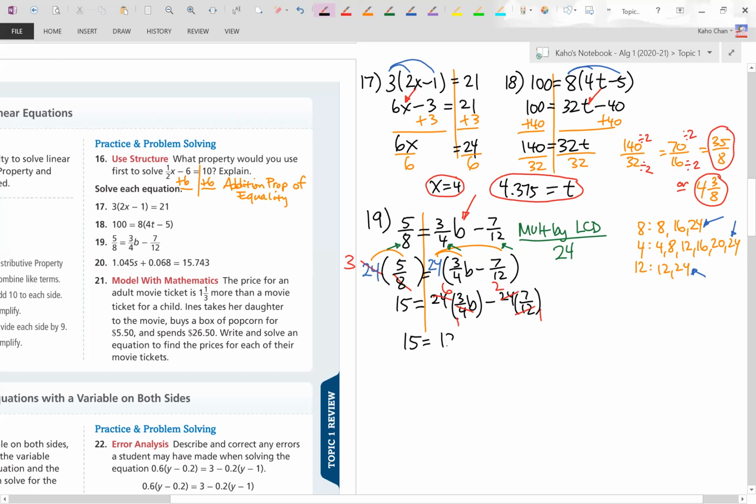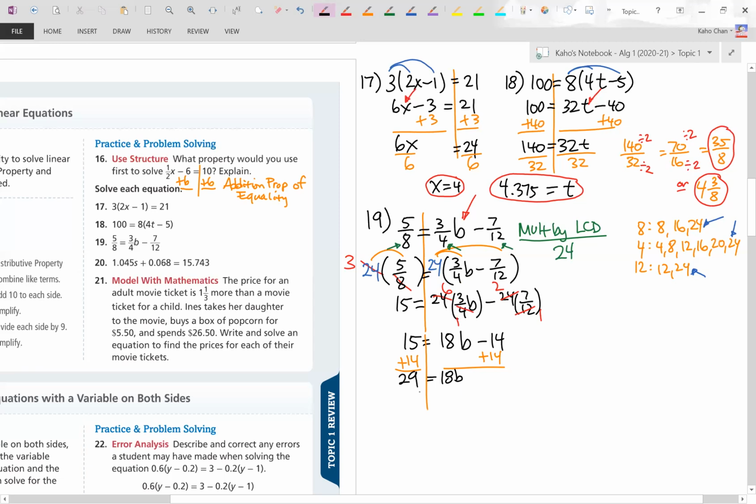6 times 3 is 18. And 2 times 7 is 14. Woo. We're ready to solve. Took a little time to find that LCD, didn't it? So I added 14 to both sides. That'll give me 29 on the left-hand side.